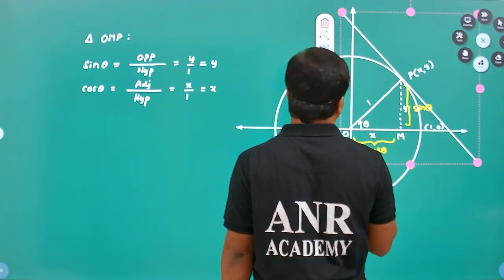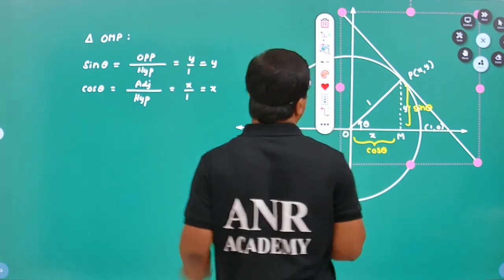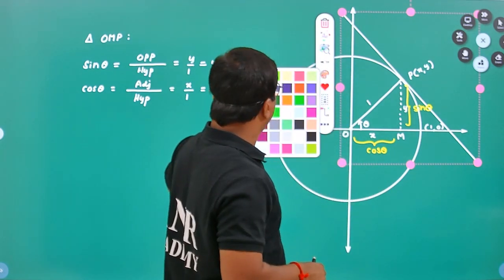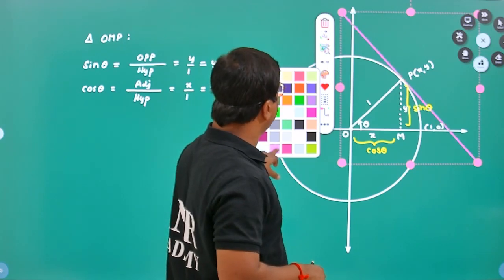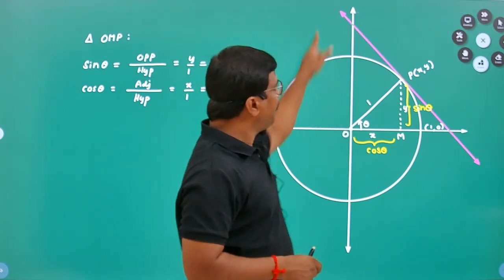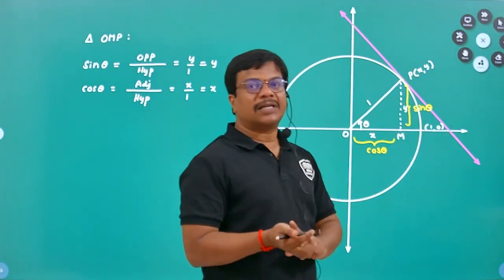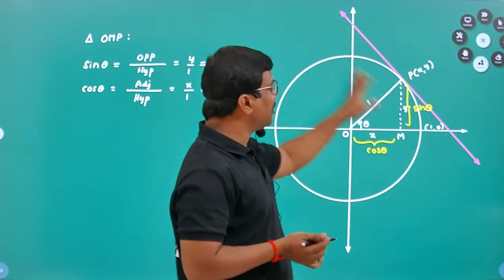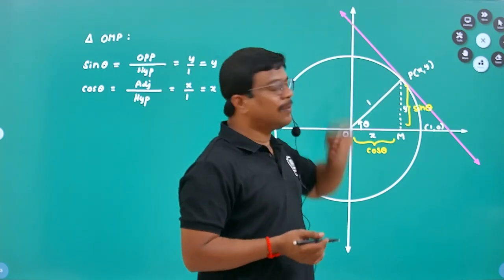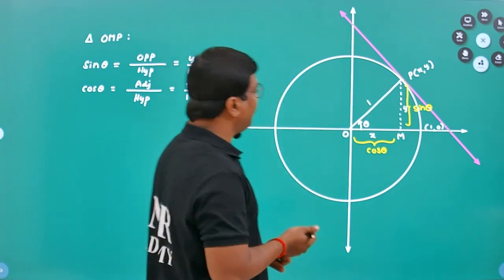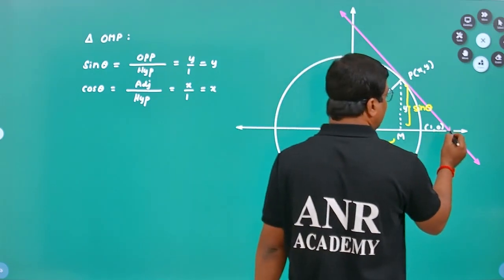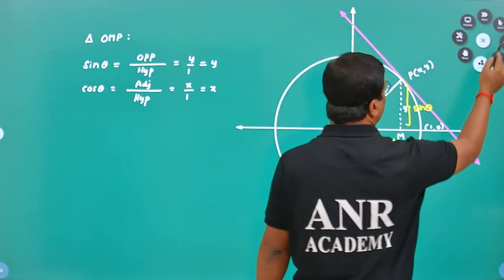See here, suppose this is the tangent with respect to the unit circle at the point P(x, y), and assume the intersections on the x-axis and y-axis.